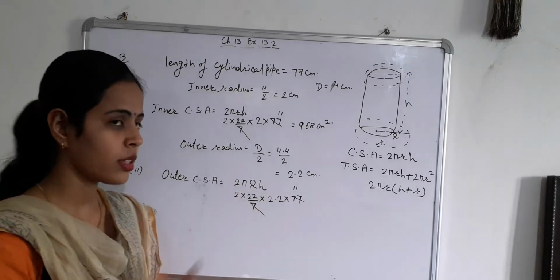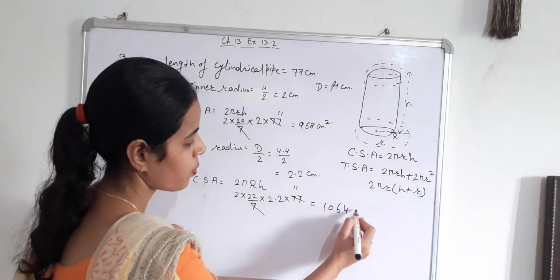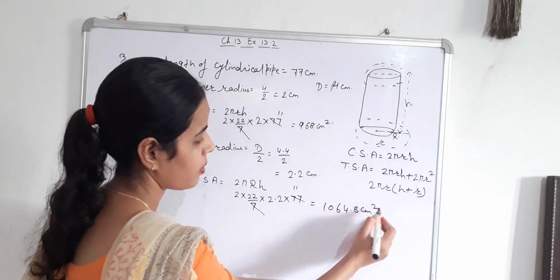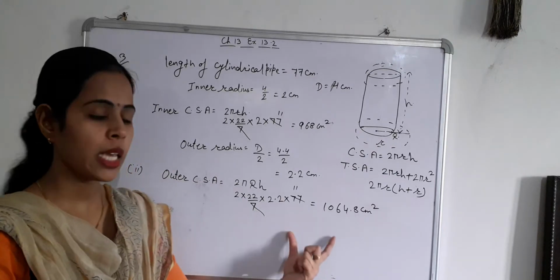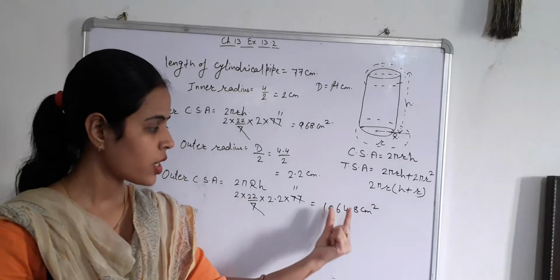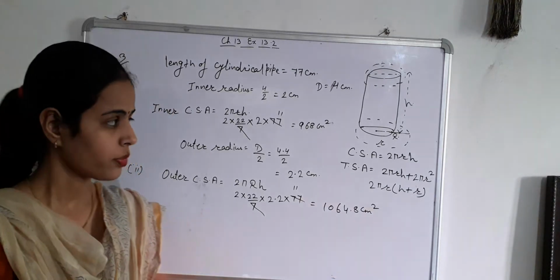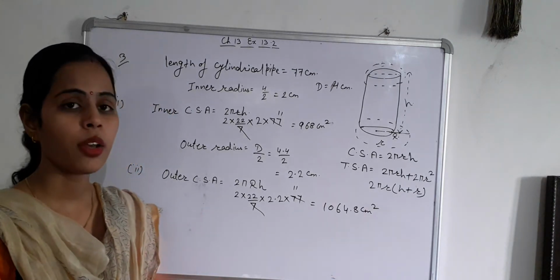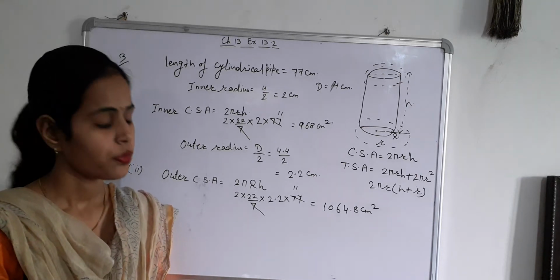After calculating these terms, 1064.8 centimeter square comes out. So, outer covered surface area equals 1064.8 centimeter square.